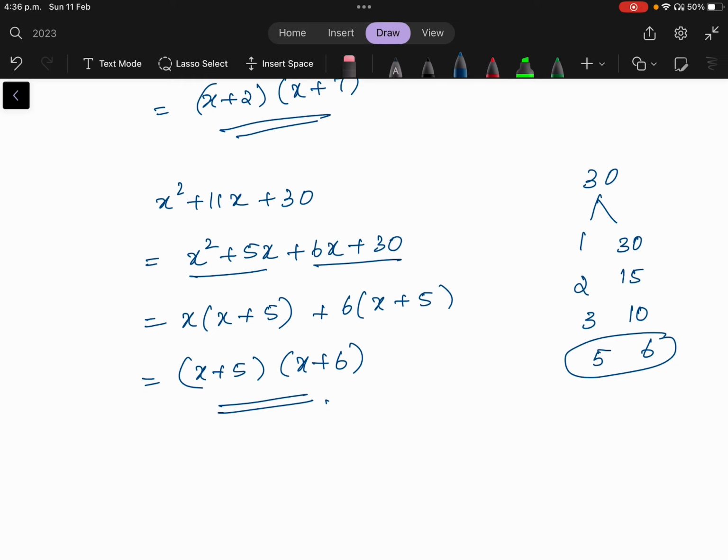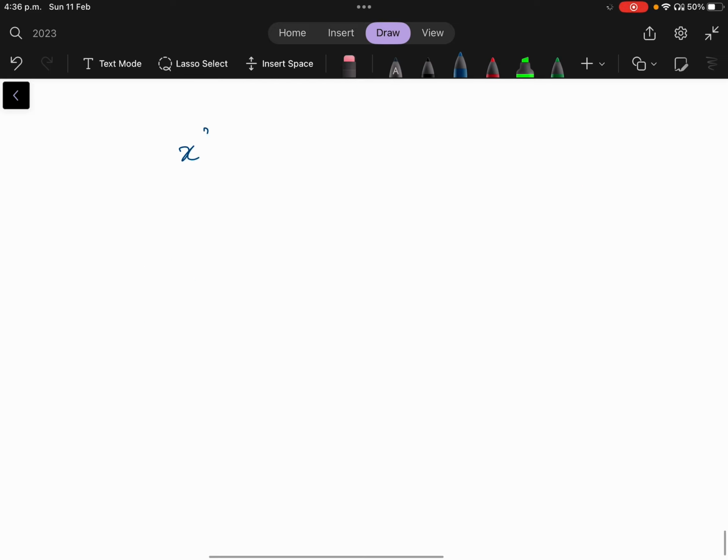Now one variation of this is when you have negative numbers. Let's see how it will work. So 12: 1 and 12, 2 and 6, 3 and 4. These are the factors. Now you have to get minus 7. Two numbers added together should get minus 7. So you can put negative numbers anywhere.